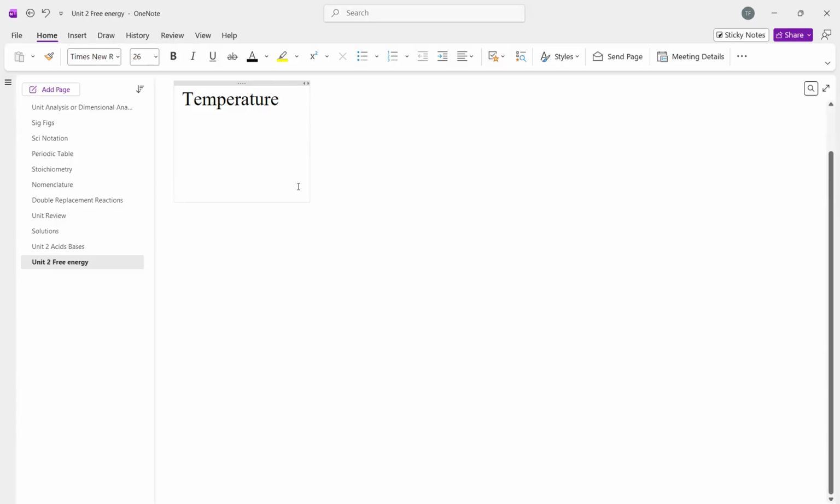We're working in thermodynamics now. Whenever we work in thermodynamics with either free energy or gas laws, we have to work in absolute temperature, not relative temperature. Now, this is what I mean by that.